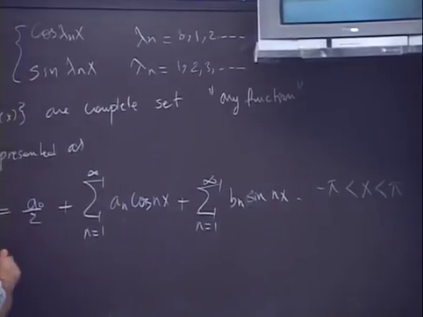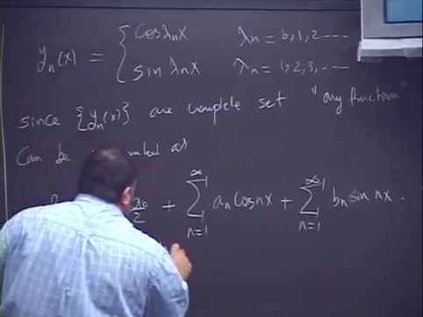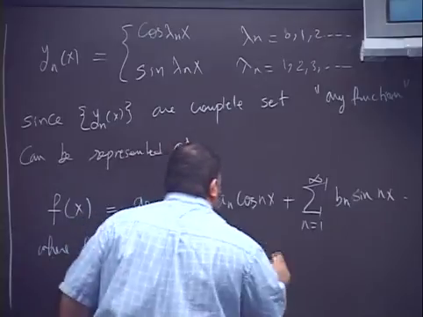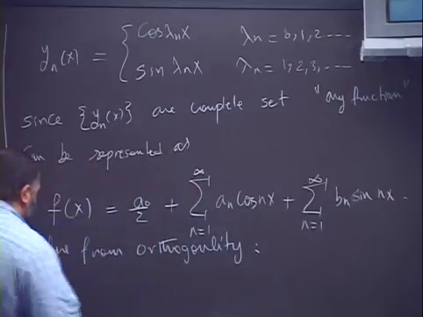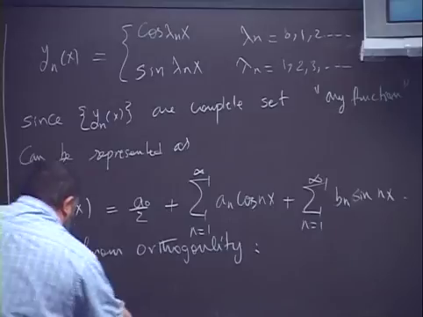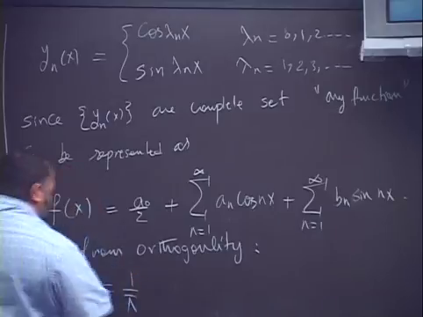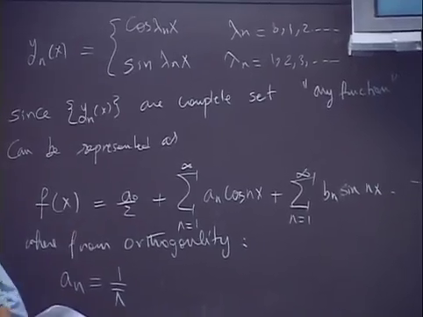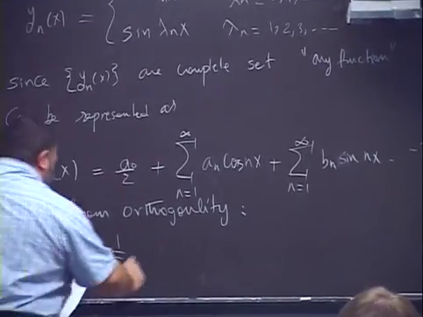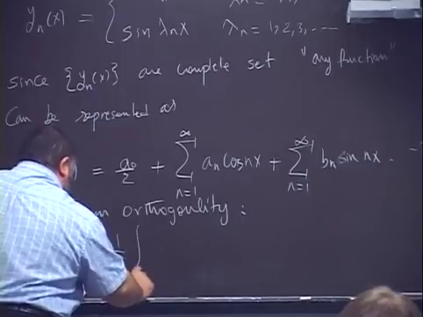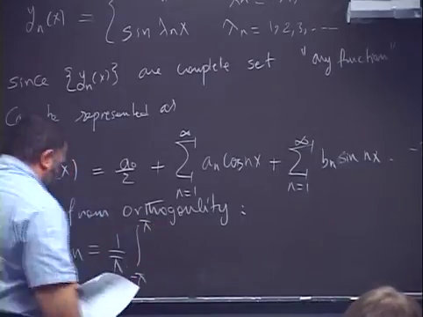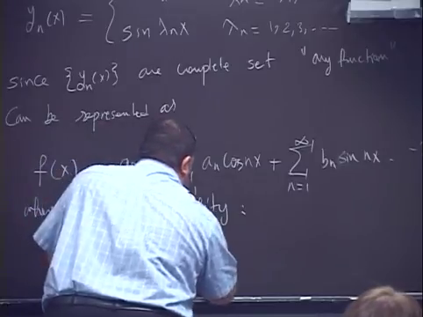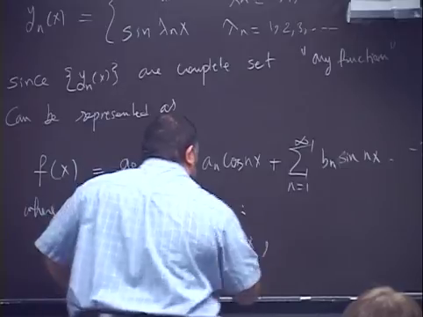where from the orthogonality property we can deduce the values for a_n and b_n. This is just 1 over half the period, and the period here from negative pi to pi is 2 pi, so 1 over pi, and you integrate from negative pi to pi f of x cosine nx dx.